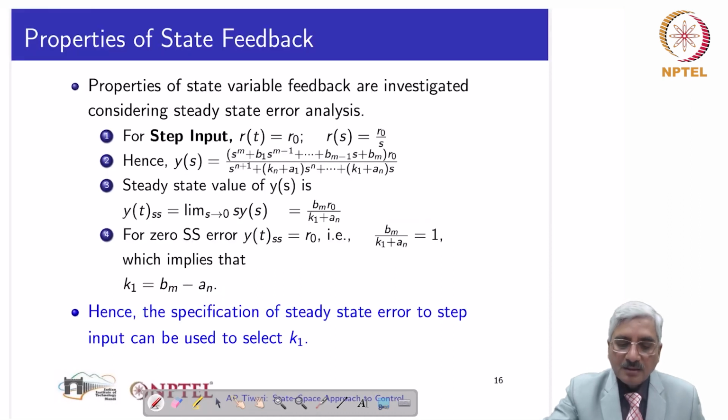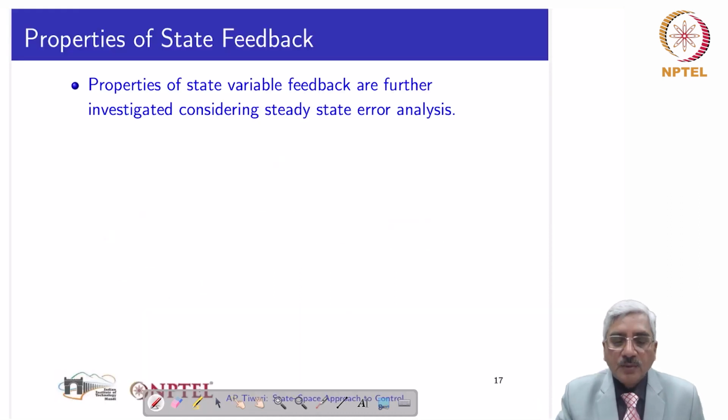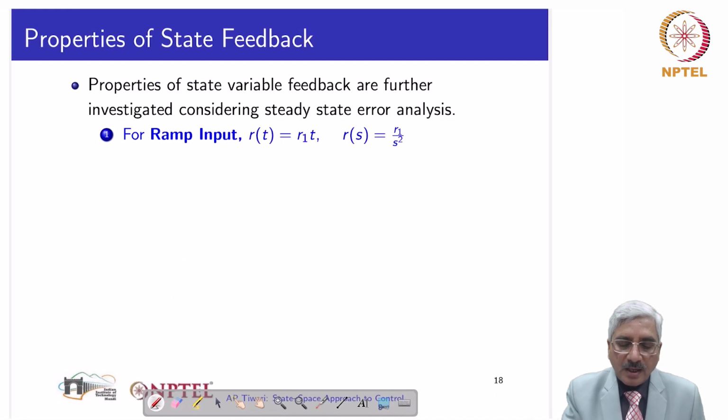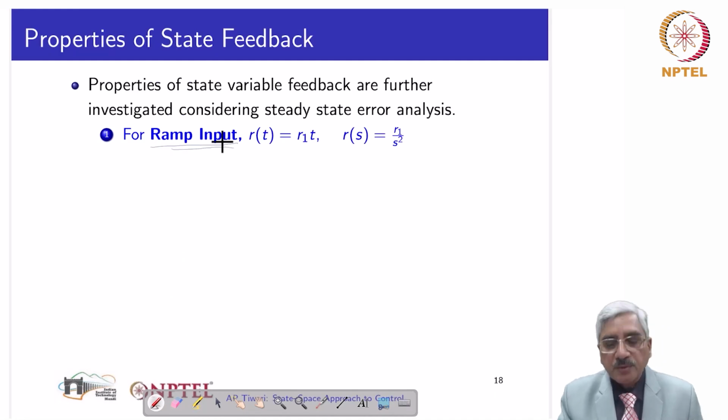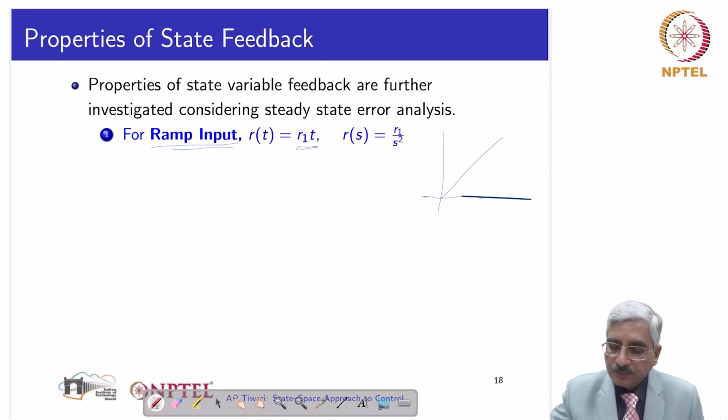We proceed ahead and we see for the ramp input. For the case of ramp input, as we know, ramp input is described by this. r(t) is a slope times t, r(t) is like this, and this slope is R1, we are assuming.